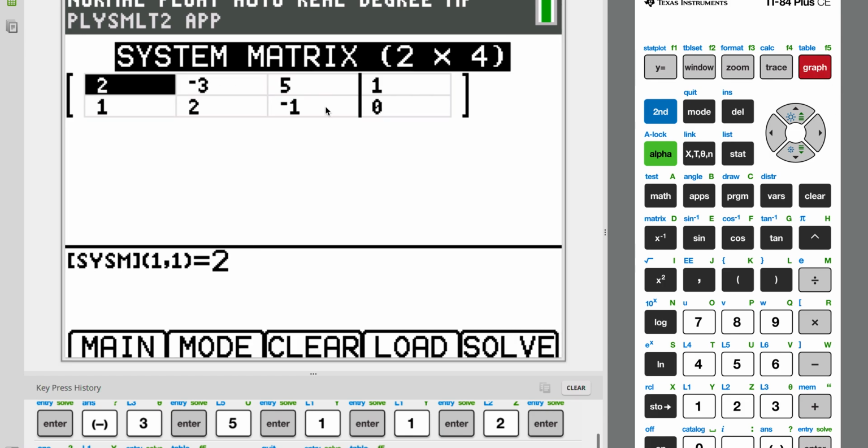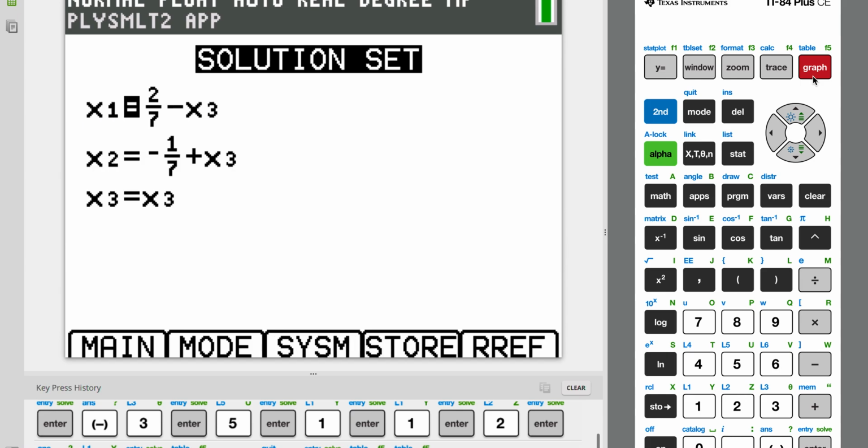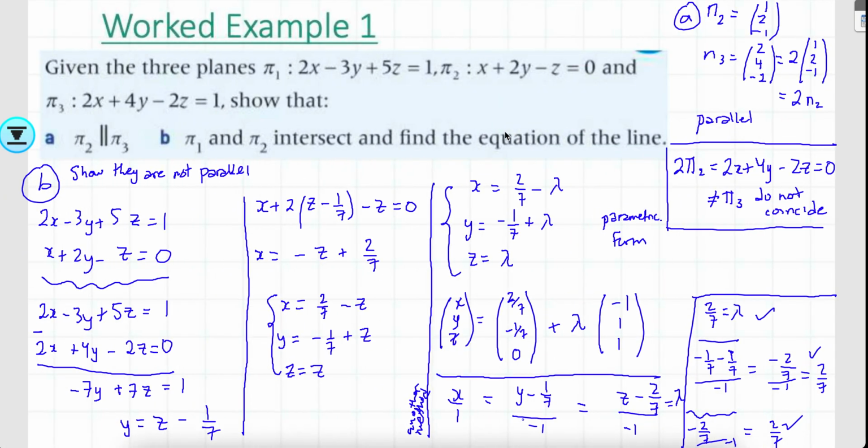You put in your coefficients as normal. So I did the first equation, my second equation, and then when you solve it, notice what happens. The calculator takes z, so this is x, y, and z, as the lambda, and then negative 1 over 7 plus z, and then 2 over 7 minus z. So the same thing that we got. So that's a good way to check your solution if you need to.